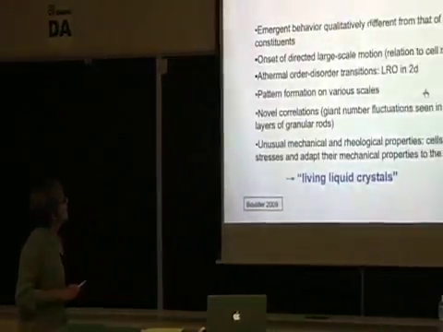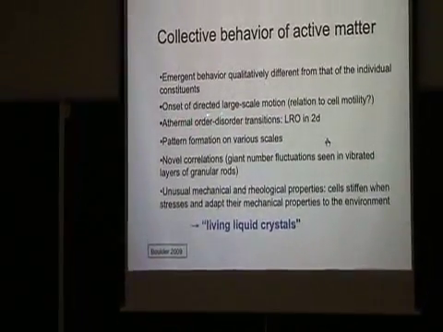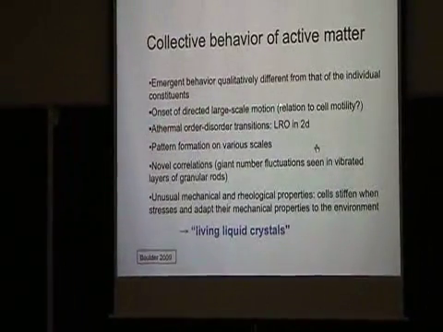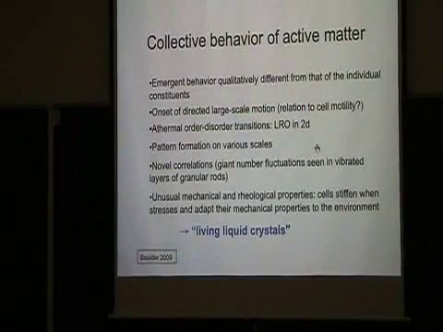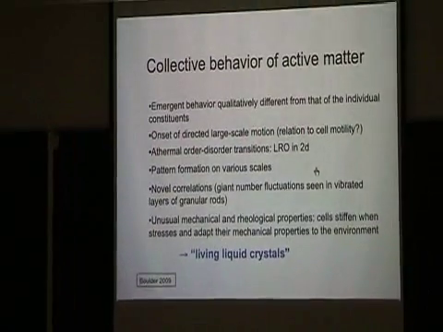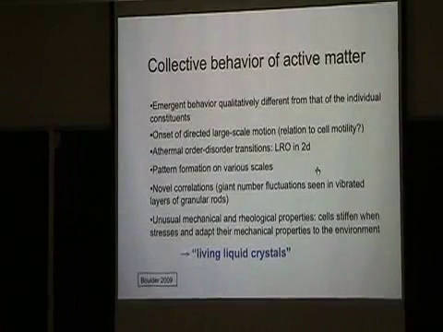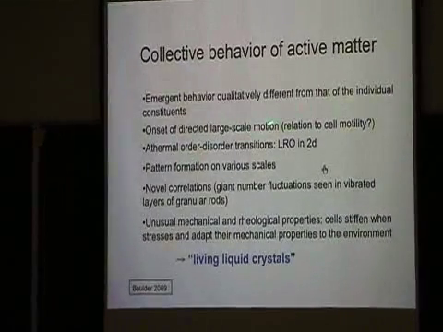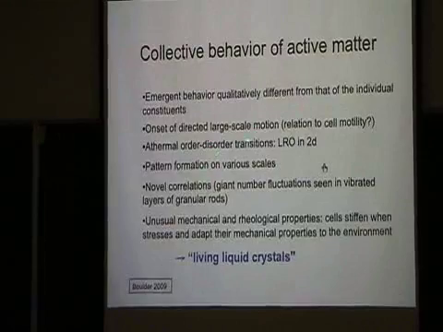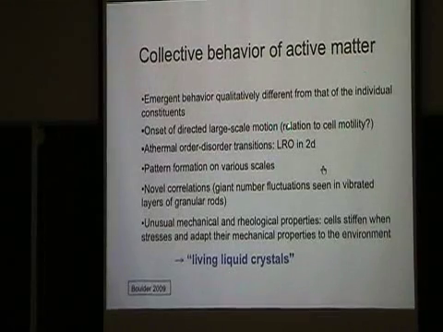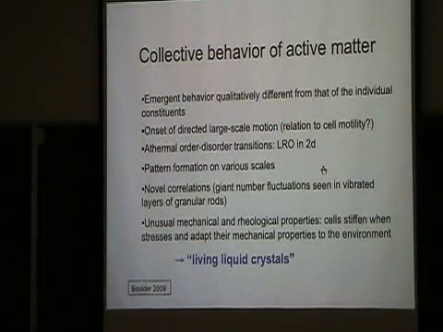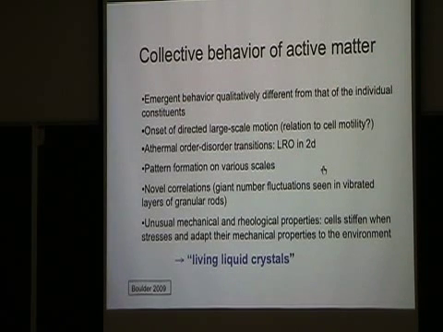So the kind of behavior that I'm talking about includes things like the onset of directed large-scale motion. The system, even the bacteria or the birds, if you like, may go from being at rest to starting to move. Can we understand that as a kind of phase transition? Can we understand cell motility, if you like, as a kind of phase transition?